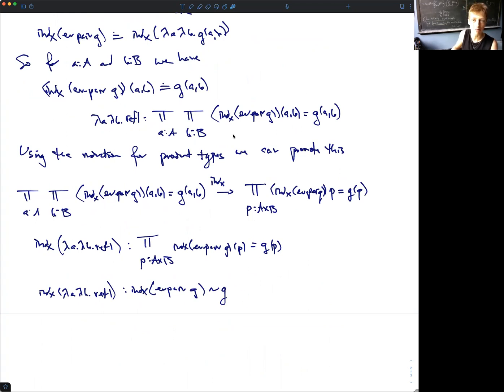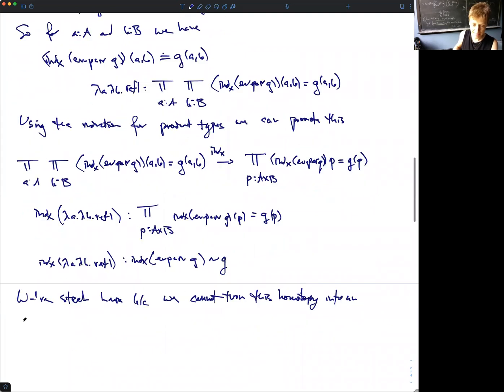And we're stuck here, because we cannot, in general, turn this homotopy into an identification between the functions.